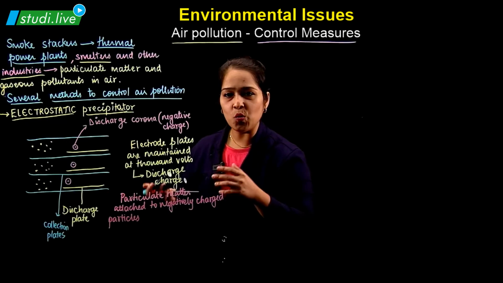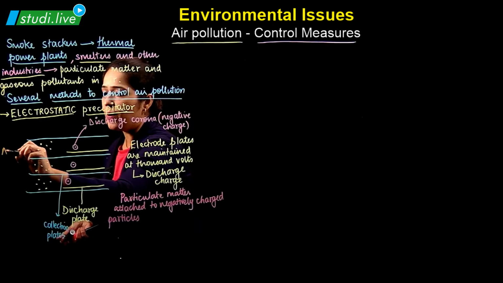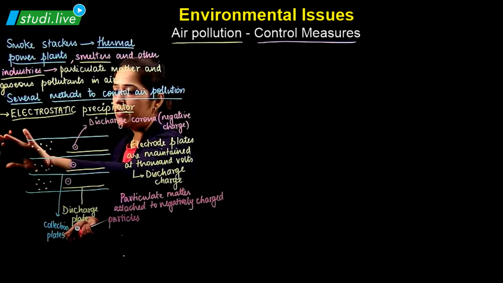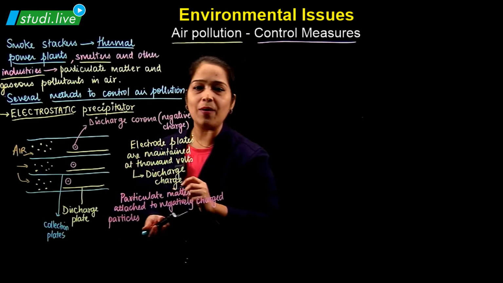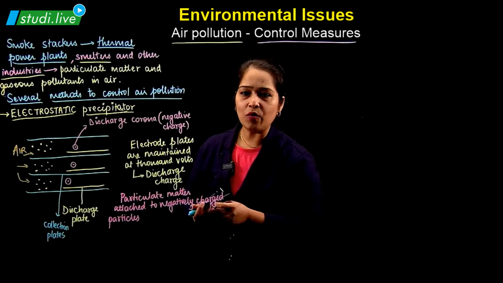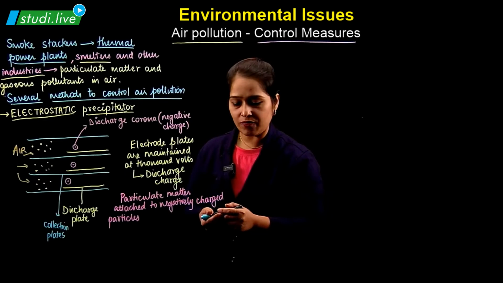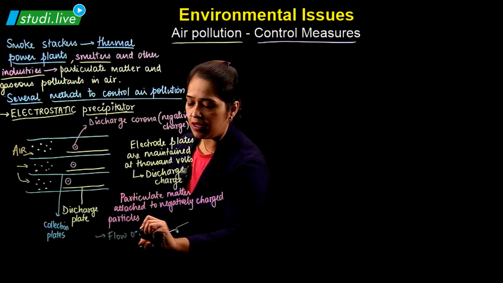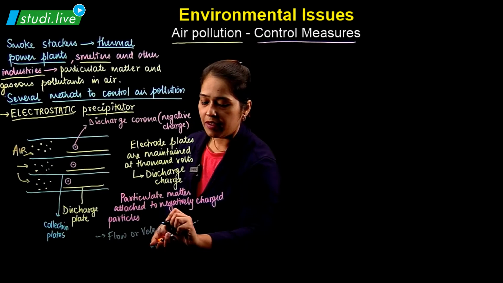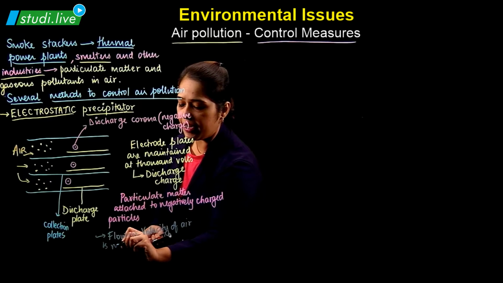So as a result, when we pass air from here, if there is any particulate matter in the air, it is going to settle down on these collection plates. We have to remember that the velocity of the air flow is maintained low.